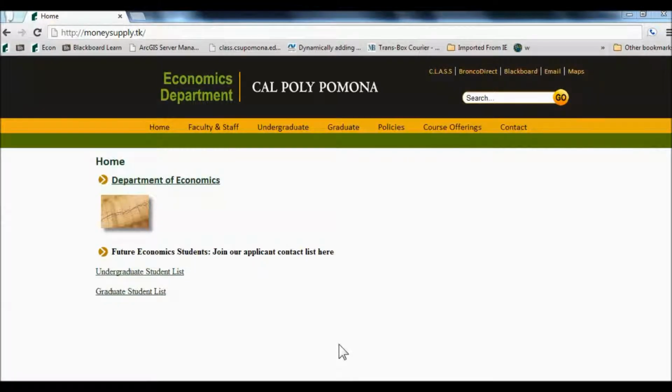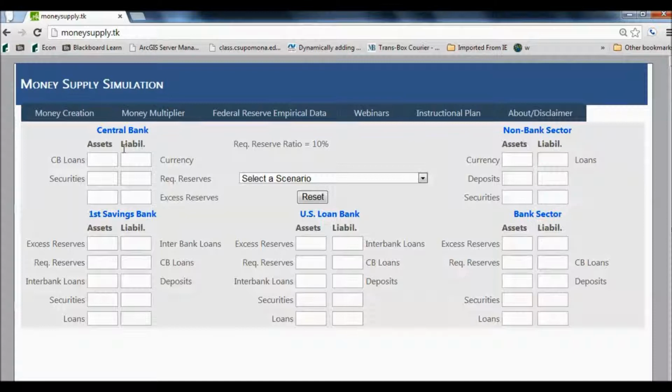The money supply simulation runs inside a web browser. That means instructors or students have nothing else to do than type in the URL and start the simulation. The simulation comes up with an accounting framework that is very similar to the one used in most textbooks.